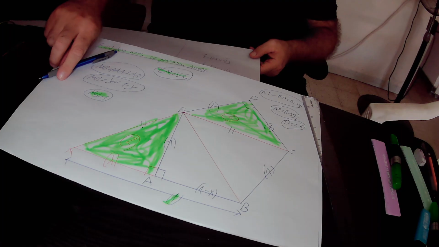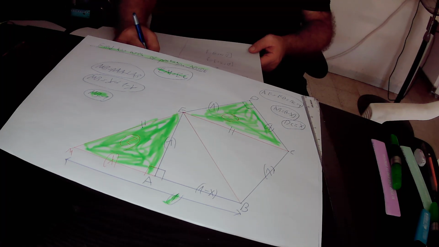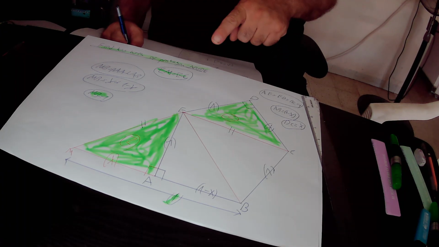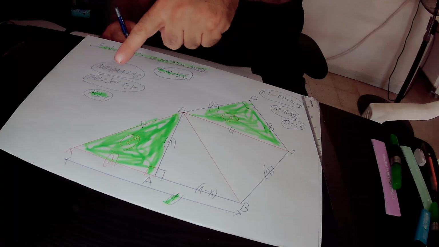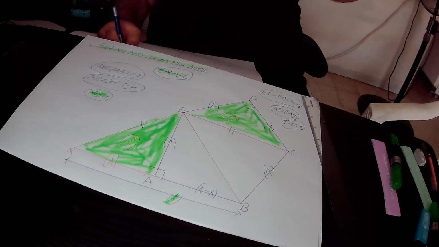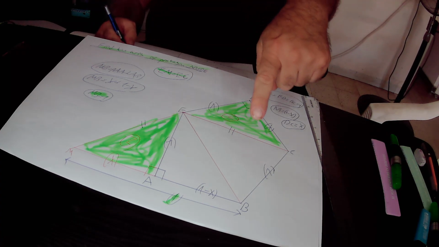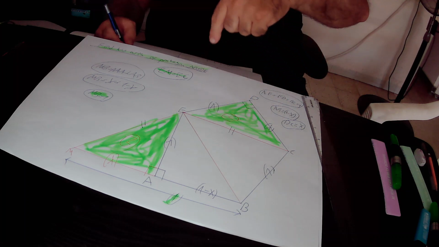That is to say, the area of the big quadrangle MEBC will be equal to the area of triangle MEB plus the area of this triangle EBC.